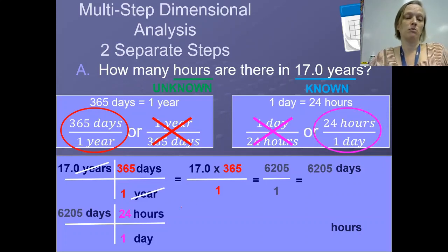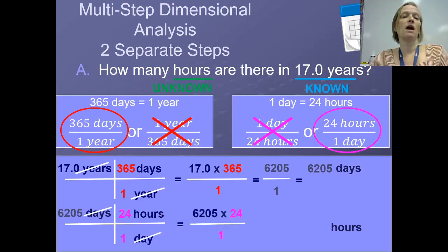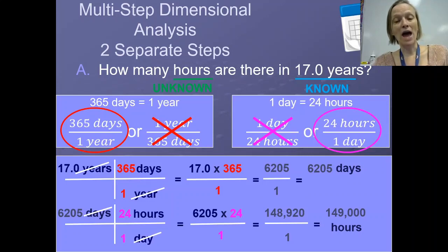Get rid of the days, bring in the hours. And when I do 6,205 times 24, I'm going to end up with 148,920, which is, when I round off to the correct significant figures now, 149,000 hours. So I wait till the very end to take care of my significant figures.